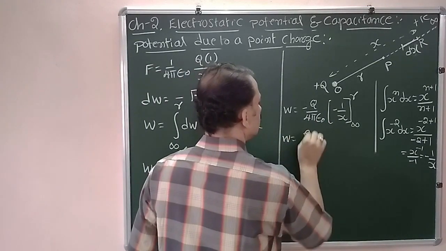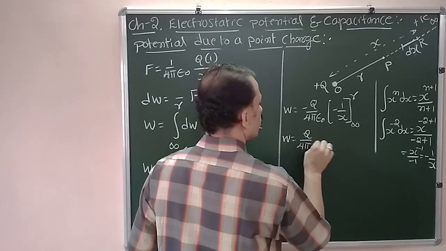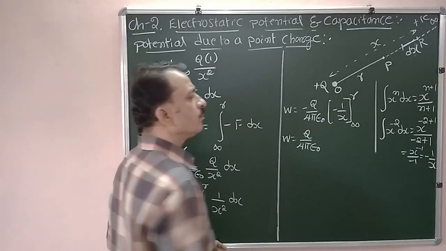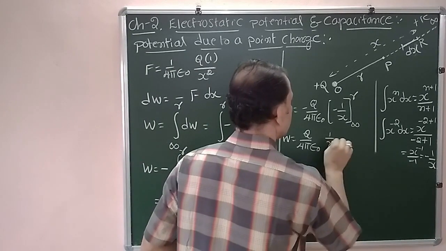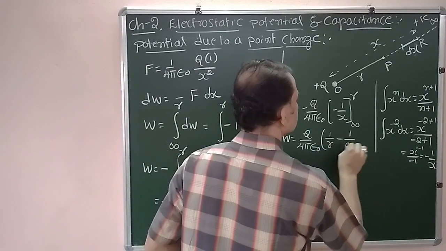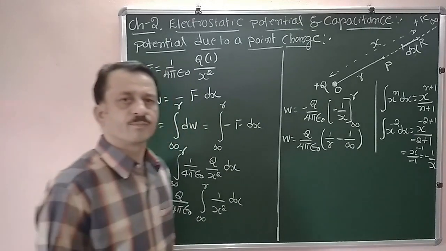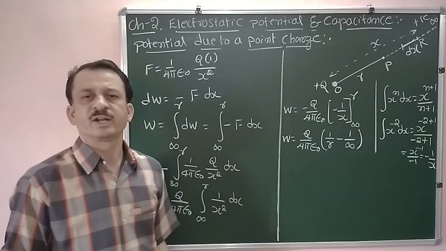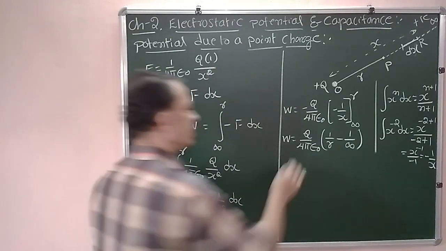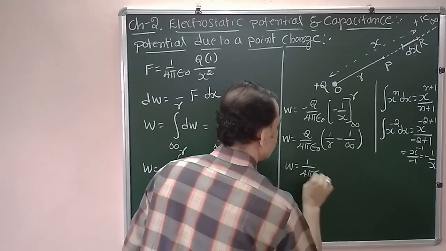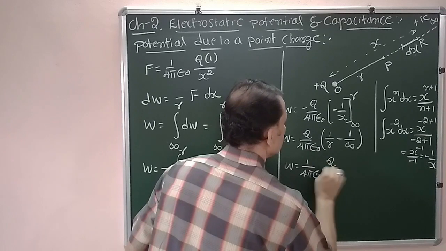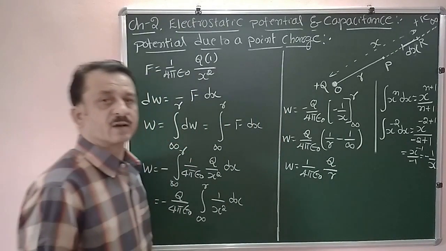Therefore W is equal to Q divided by 4 pi epsilon naught into, first apply the upper limit, 1 by R, minus the lower limit, 1 by infinity. We know that 1 by infinity is 0. So the work done is given by 1 divided by 4 pi epsilon naught into Q divided by R.